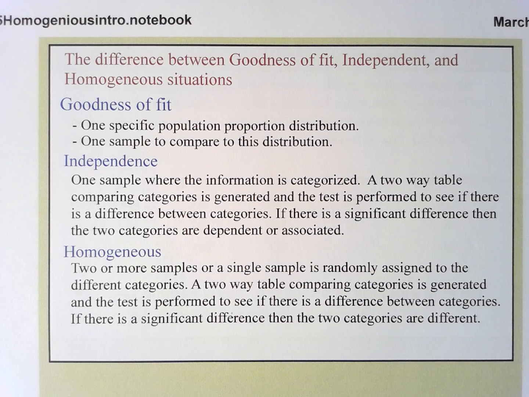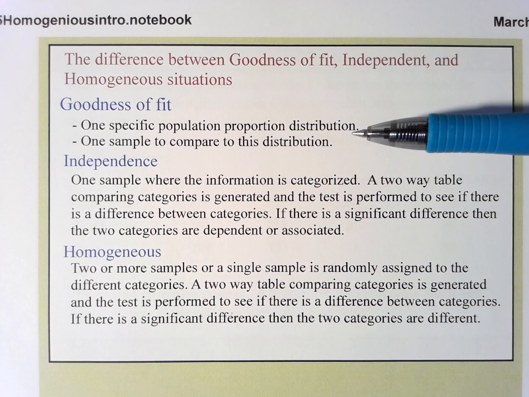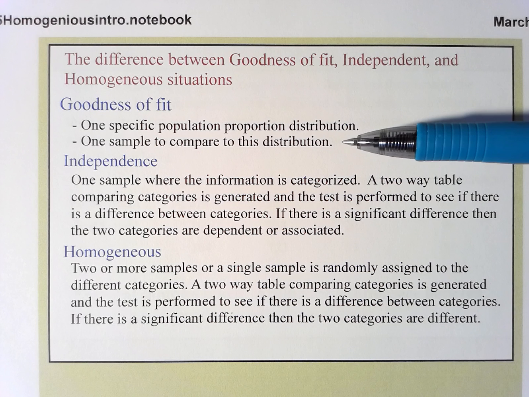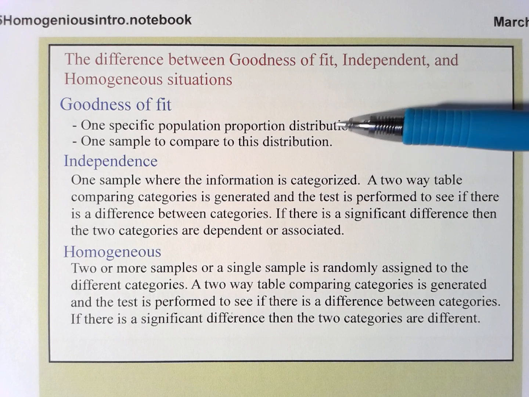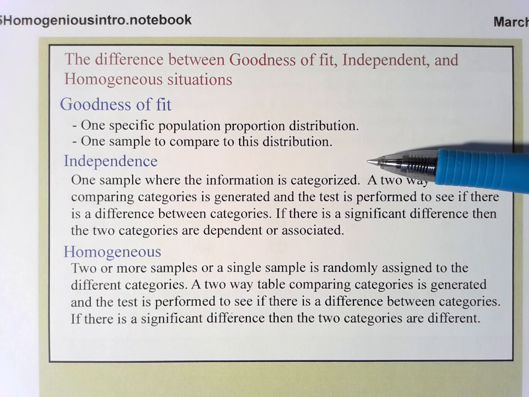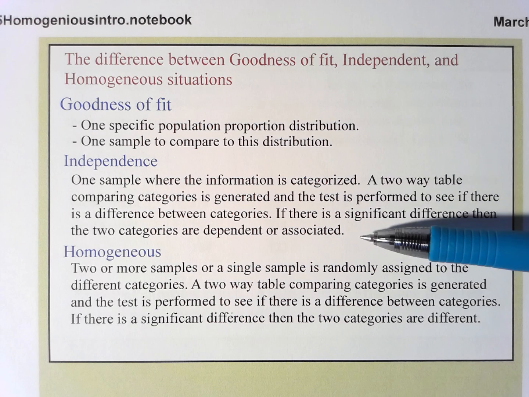All right, so really quick, I want to talk about the chi-squared test. Right now we've done goodness of fit, and goodness of fit is one specific proportion distribution. One sample to compare to this distribution. Basically, the goodness of fit test gives you a bunch of percentages and then asks if the sample or the observed proportions match the given proportions.